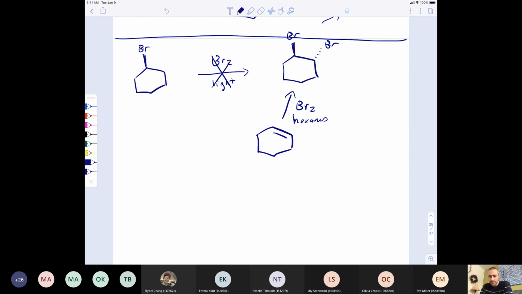And can we make that from that? Yeah, easy peasy, right? Any elimination conditions will give you that. There's no Zaitsev to worry about, no Hofmann, none of that. Let's just use any alkoxide you want, and that'll do that elimination. It's a two-step, and it'll make that product right there.